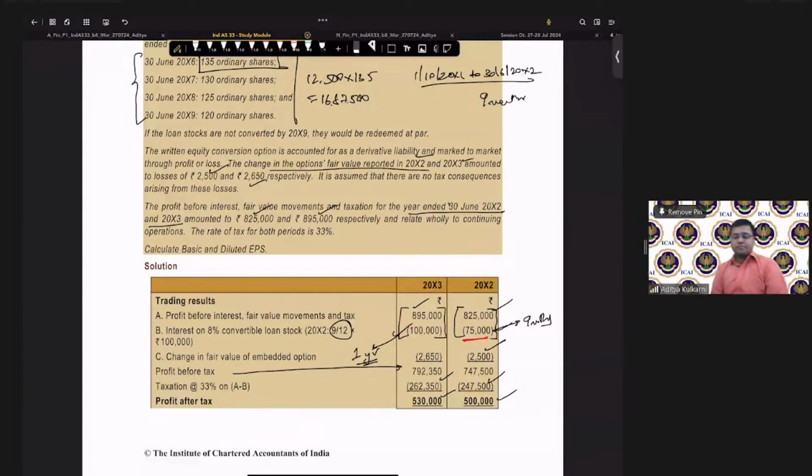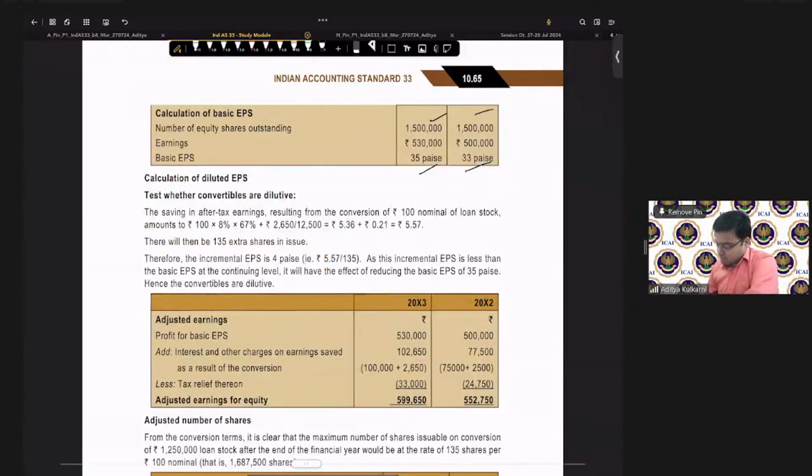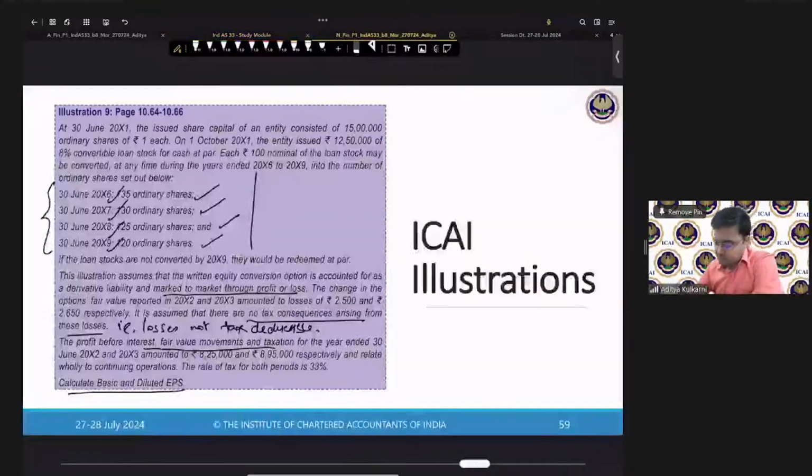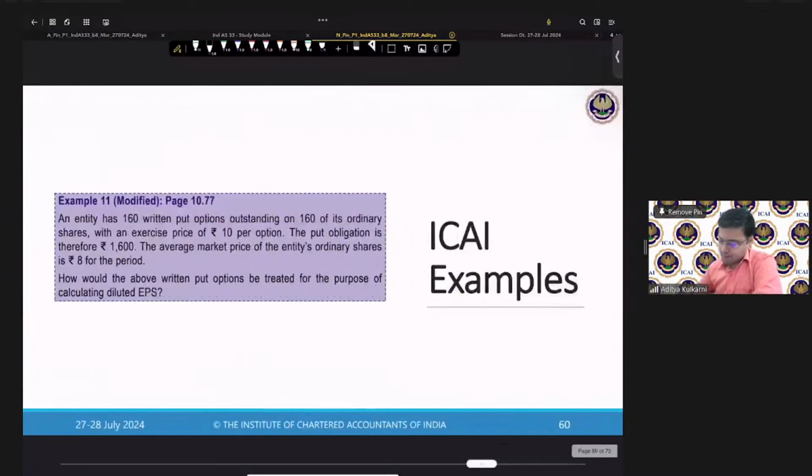Done? Any doubts? Clear, Abrakesh? Yes. All right. Fine. Manish Kumar Gupta. Okay. So that takes care of this illustration.